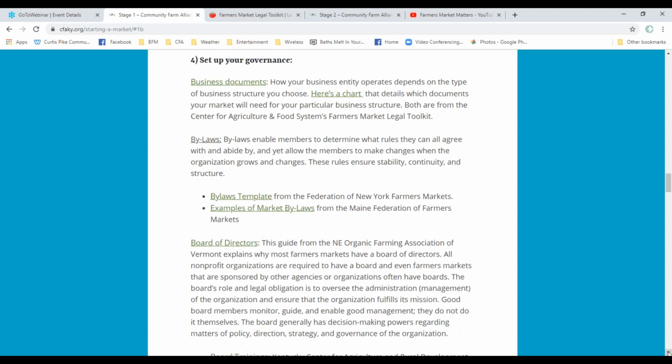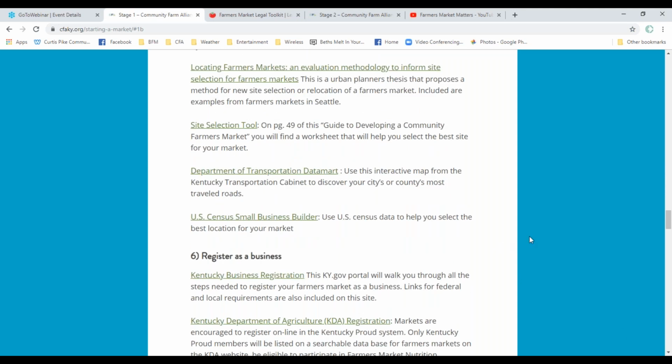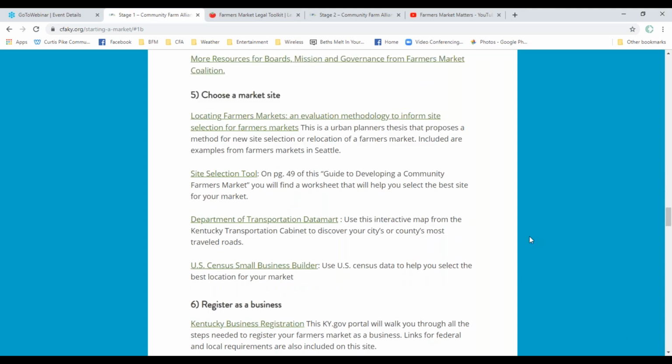So setting up your governance, and this is another area, choosing a market site. You might already have a market site but are thinking about changing it. This has some really good tools for you to use when you're choosing a new market site.